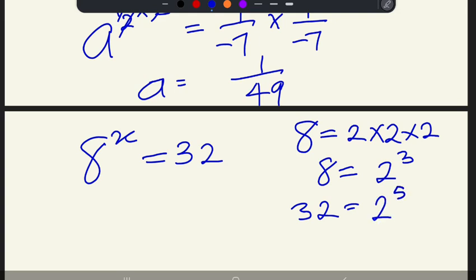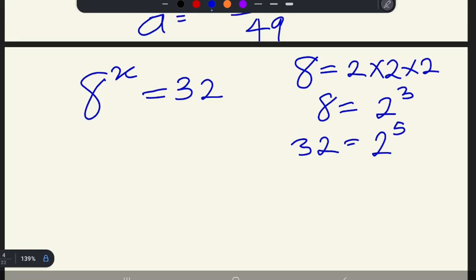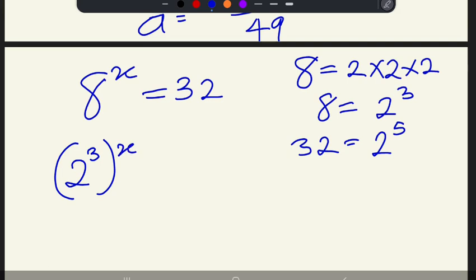You need to know this very well and understand the fact. Therefore, instead of writing 8 at this junction, we write 2 raised to power 3, all raised to power x, is equal to 2 raised to power 5.